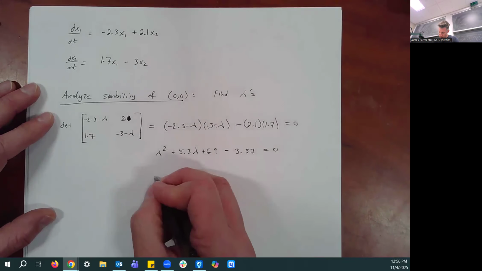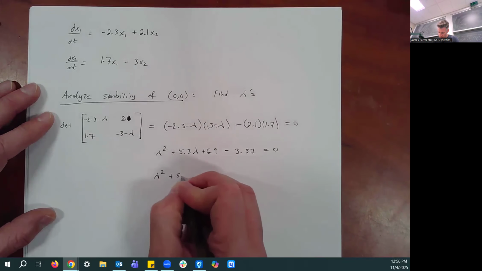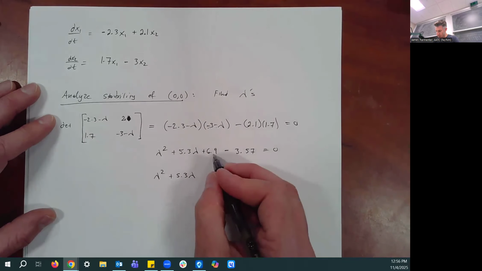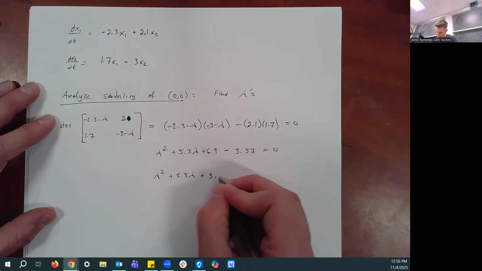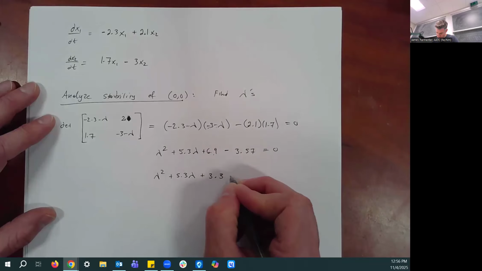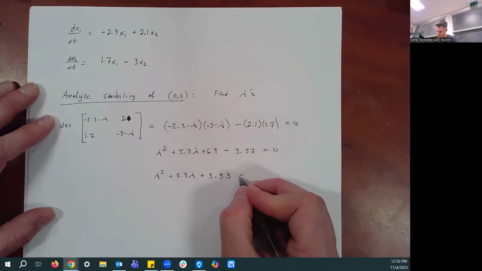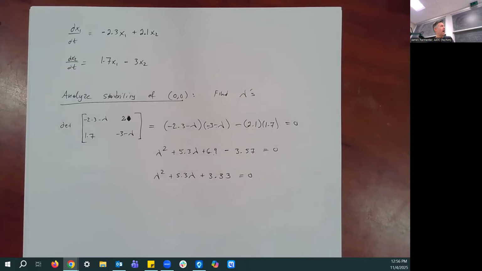So then putting it all together, we have lambda squared plus 5.3 lambda. And then 6.9 minus 3.57 is 3.33. Looks like it. I bet this doesn't factor very nicely. I bet we need to use the quadratic formula.